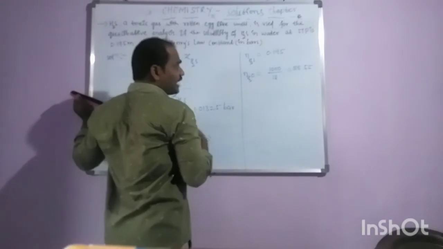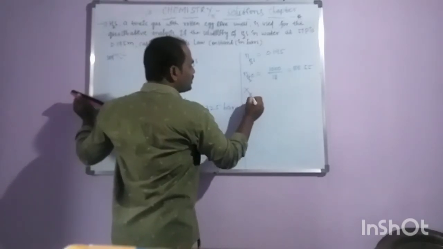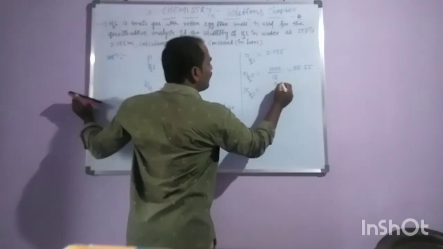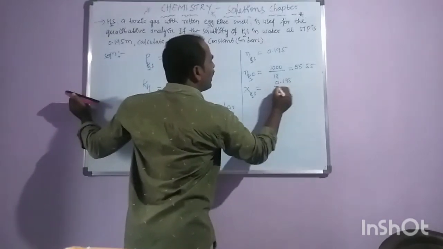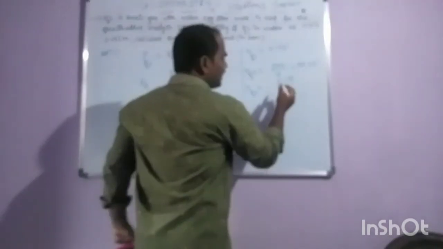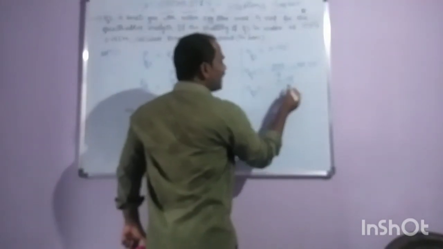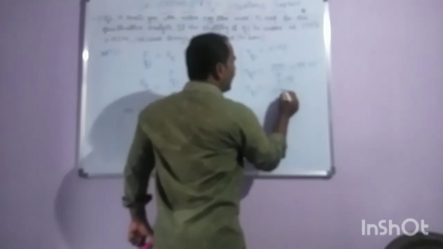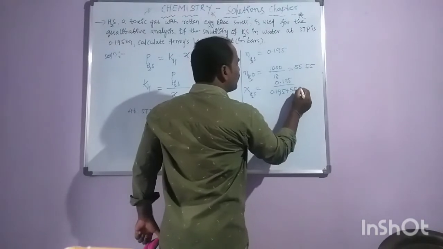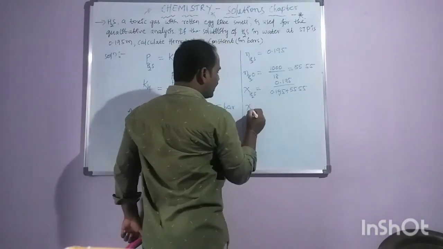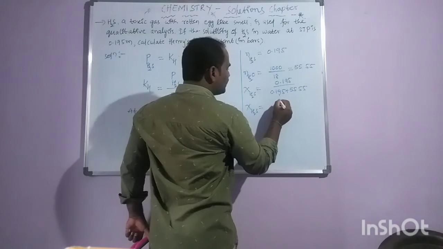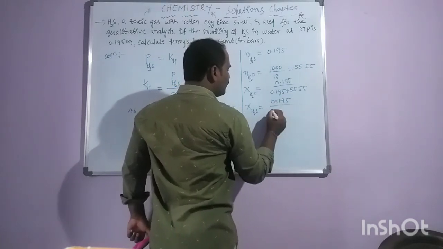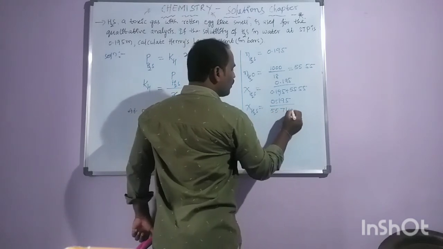From these values, we can calculate the mole fraction of the gas. Mole fraction is the number of moles of the gas divided by the total moles, which is 0.195 divided by 0.195 plus 55.555, giving 0.195 divided by 55.75.